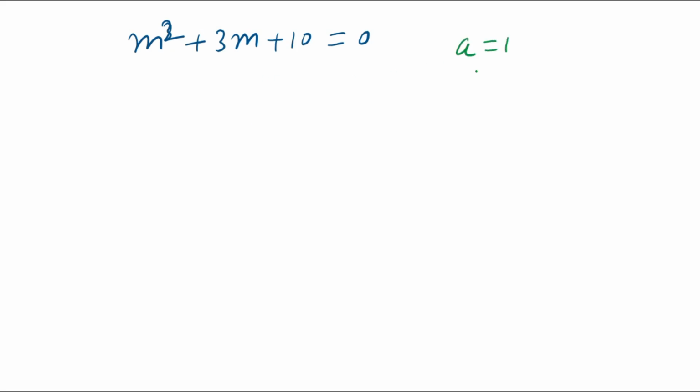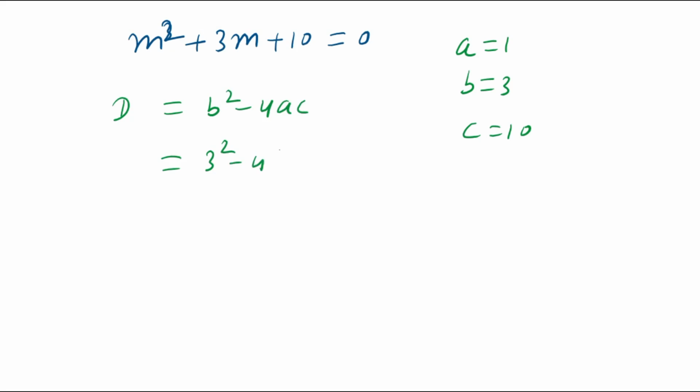Here a = 1, b = 3 and c = 10. The discriminant formula is b^2 - 4ac, so 3^2 - 4 times 1 times 10, which is 9 - 40 = -31. So the discriminant of this quadratic is less than 0. So no real roots exist.